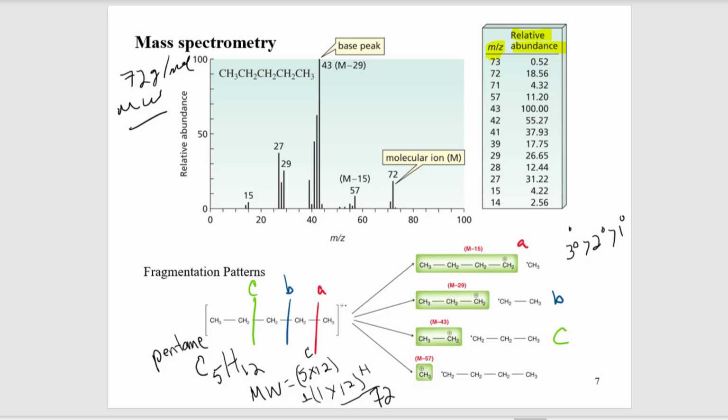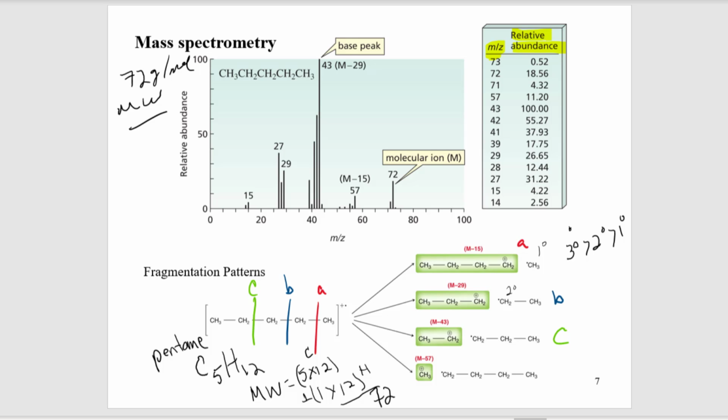So just at a base level, if you're going to fragment this molecule, putting a radical on a secondary versus, here, if you look, a primary radical, is probably going to be preferred. So you can relate the relative abundance of these fragments to their preference of radical intermediates. A more stable radical will probably be a higher abundance than a less stable radical.